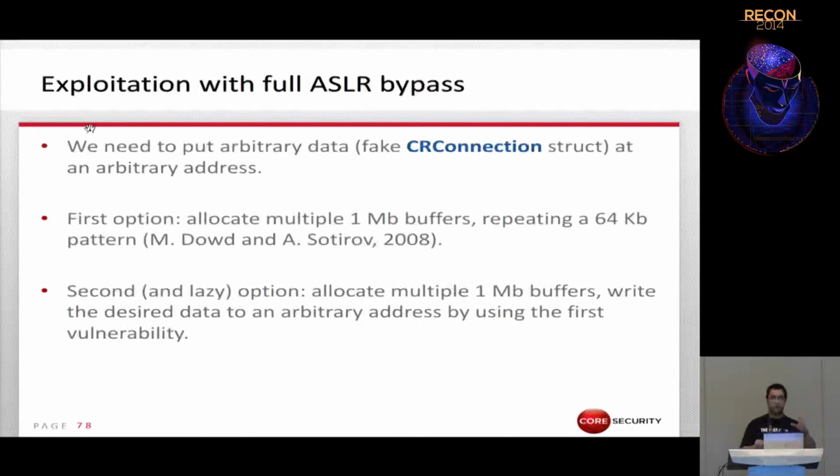I need to put my arbitrary data, that is my fake CR connection structure, at a known address. There are two ways, as you can see here, and of course I went the lazy way: allocating multiple 1 megabyte buffers and then writing my fake CR connection structure by using the first vulnerability, that is the write-what-where primitive.